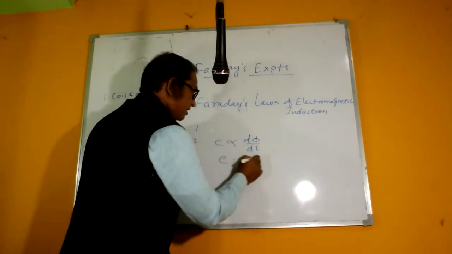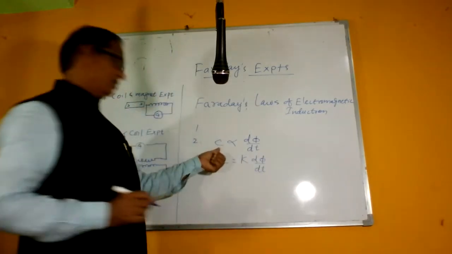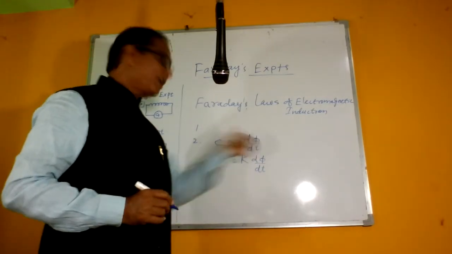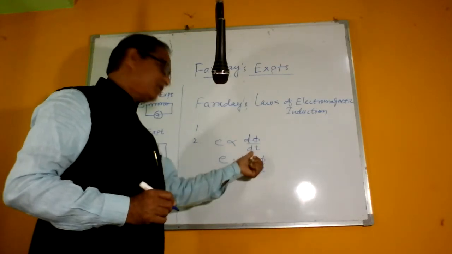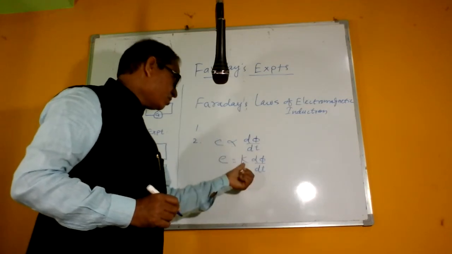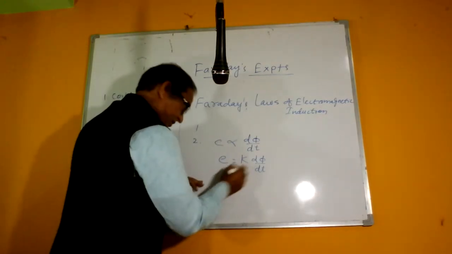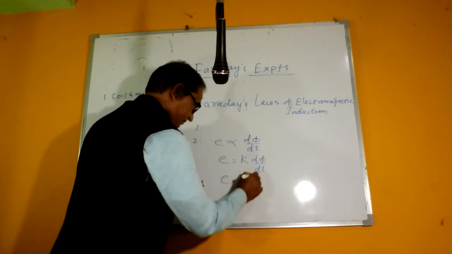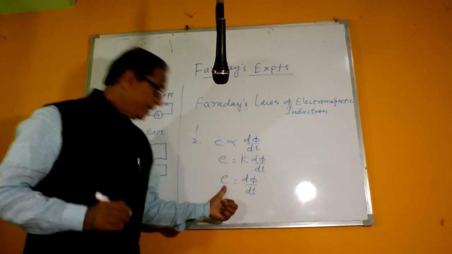If we remove the proportionality sign, we take a constant k, so E equals k into d phi by dt, where E is the induced EMF in the circuit and phi is the magnetic flux. As the constant k is equal to unity, we get E equals d phi by dt.